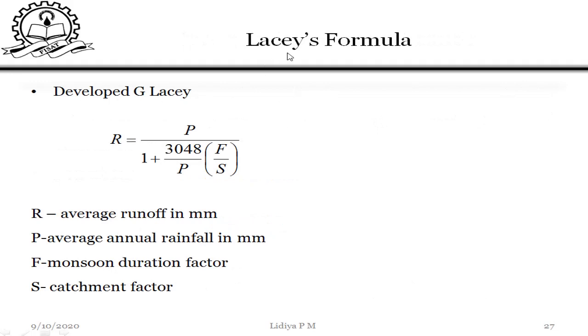Then another formula was developed by Lacey, and the equation is R is equal to P divided by (1 plus 3048 divided by P into F by S), where R represents the average runoff in mm and P represents the average annual rainfall in mm, F represents the monsoon duration factor, and S represents the catchment factor.